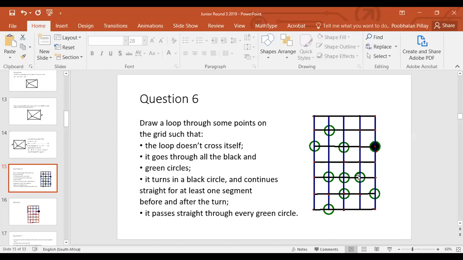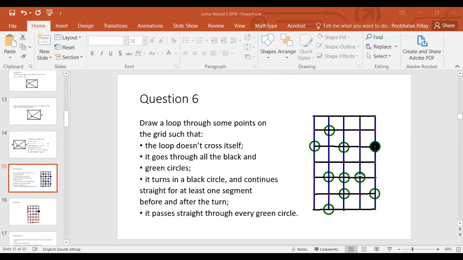And you mustn't cross itself. If the loop has gone here, you can't go across it. That's the first one. It goes through all black and green circles. There's only one black circle, and this loop must cover the whole lot. And secondly, it turns in a black circle.